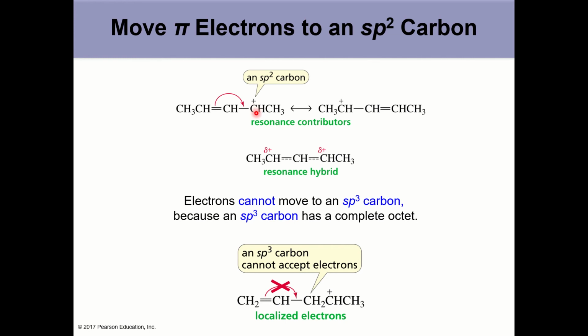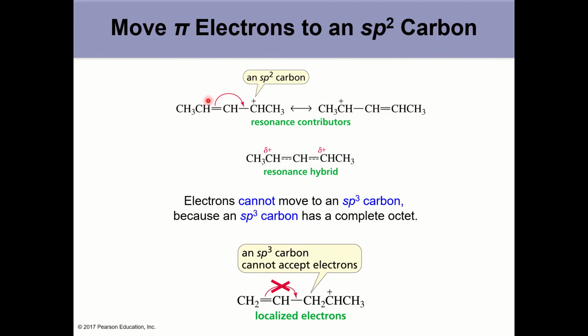And you have to remember what an sp2 atom is. It's an atom that has 3 electron domains. A positively charged carbon has 3 bonds and no lone pairs. That is 3 electron domains, so it is sp2 hybridized. So we can move pi electrons between 2 sp2 atoms and draw our new resonance contributor.